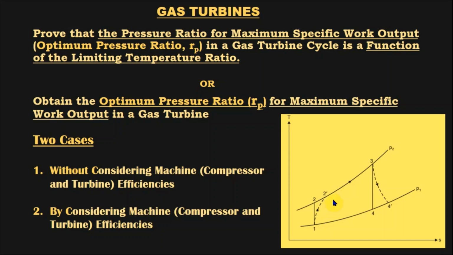And the actual cycle is 1, 2 dash, 3, 4 dash, 1 if you ignore the pressure drop in the heating chamber as well as the cooling chamber. That means we will be considering the compressor efficiency and the turbine efficiency.